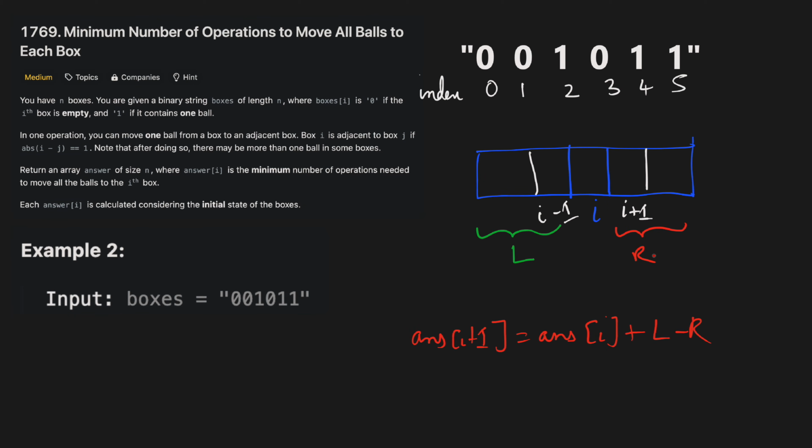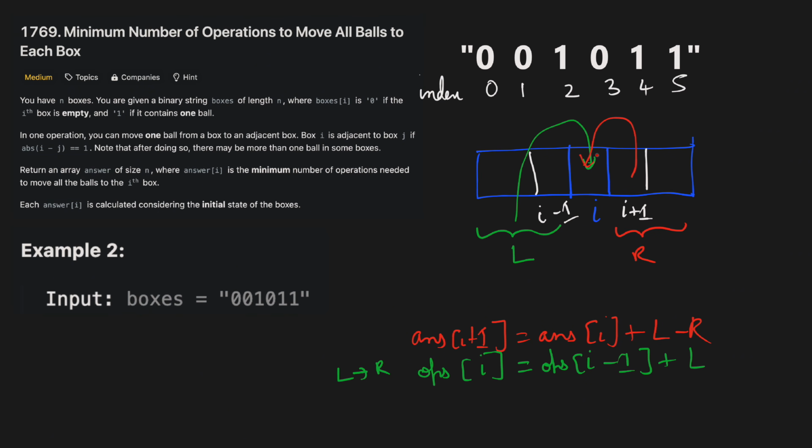And when we wrote this equation, we assumed that we already know the answer for the ith index, but in reality we still need to compute it. So when we move from left to right and given L balls we have encountered so far, the number of operations at the ith position will be the total number of operations at the i minus 1th position, that is the previous position, plus the number of operations required to move these L balls, which will be L itself, because i minus 1 and i are adjacent boxes.